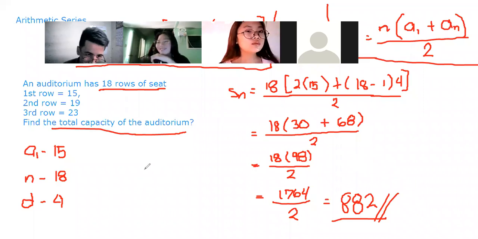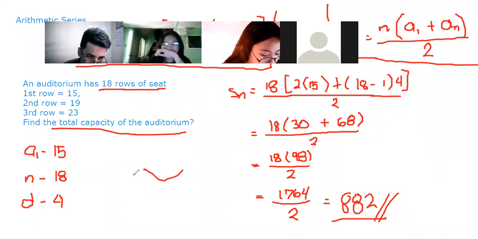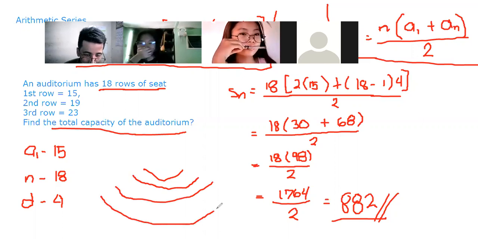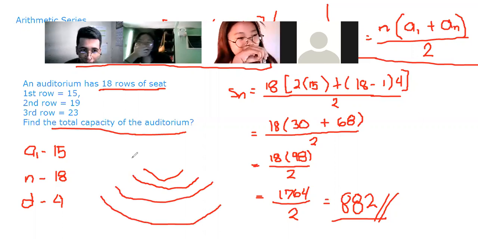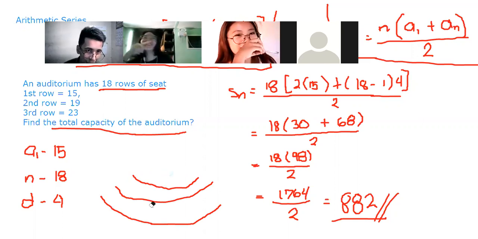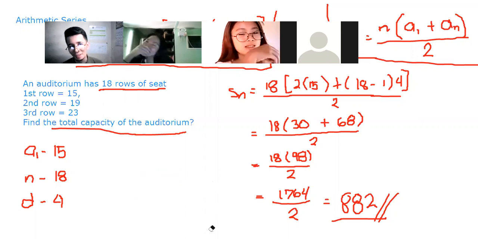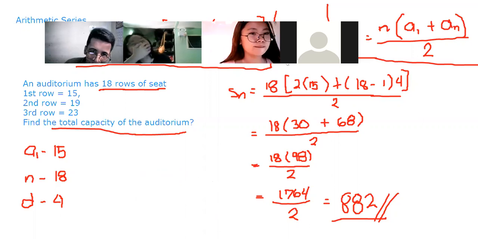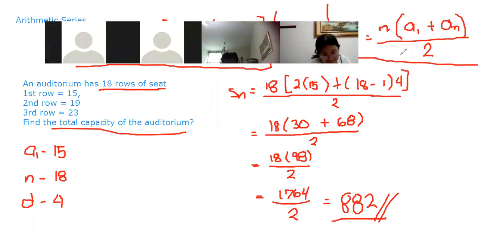Depende kasi ang scenario diyan, pabilog yung auditorium, or pa-triangle yung position ng upuan, kasi padami siya ng padami. So, sino may tanong pa?